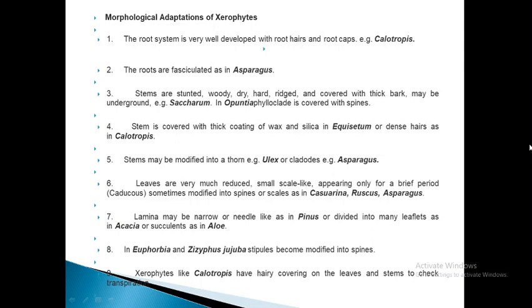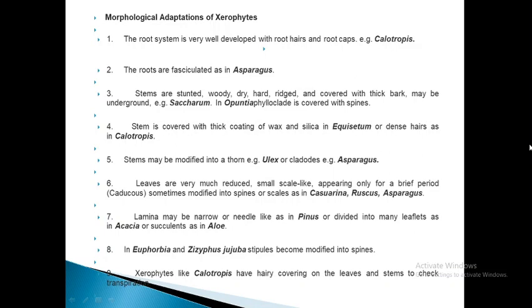Leaves are very much reduced, small, scale-like. They appear only for a brief period, called caducous, sometimes modified into spines or scales, as in Casuarina, Ruscus, and asparagus.